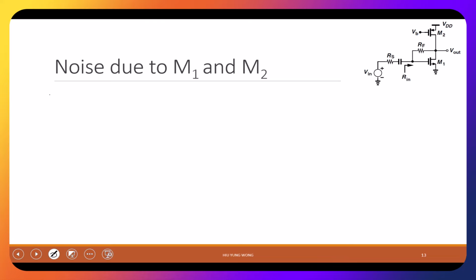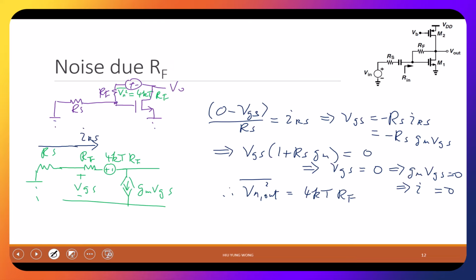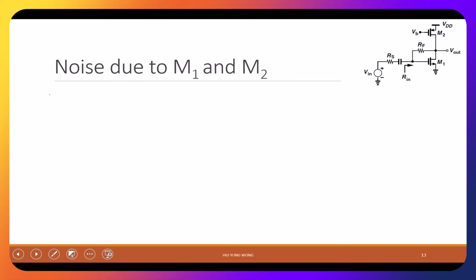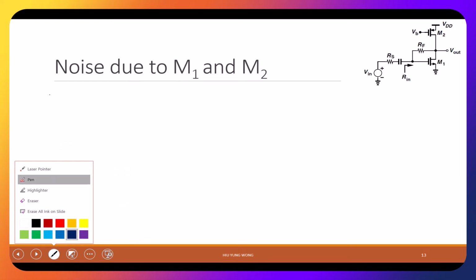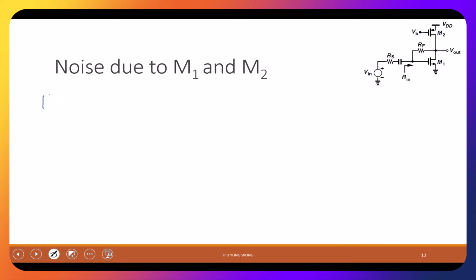Okay, so now how about the noise coming from the transistor? Let's just draw the circuit again. I have RS, right, and then I have RF, and coming to here.